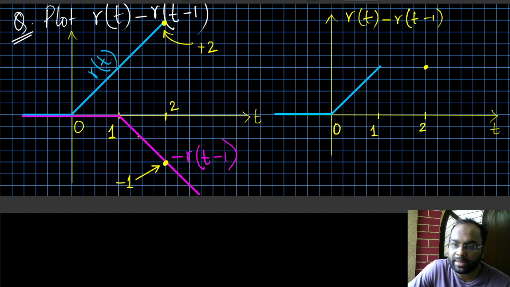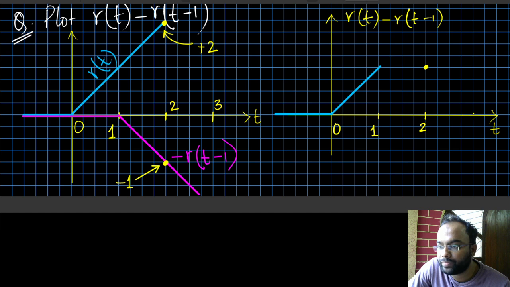Right? Similarly, at t equal to 3, this signal, which is r(t), will have a value of +3, and this signal, which is minus r(t minus 1), will have a value of -2. So again, at t equal to 3, the signal will have a value of 1.